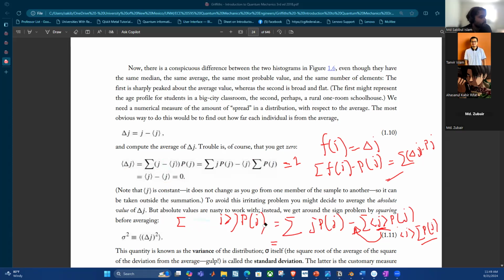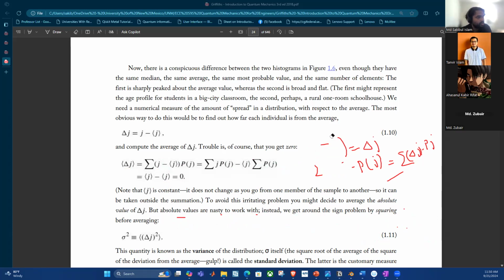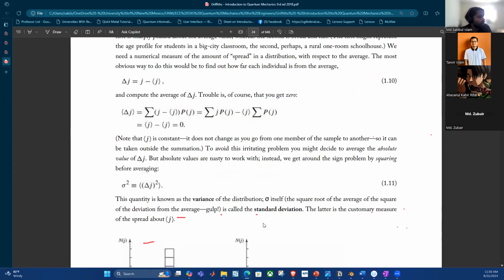Okay, so this is our distributions, and we have our standard deviations. We define sigma square as the average of the square of the spread, because that is the spread. We are squaring, then doing the average. That is the variance. And sigma, the square root of the variance, is the standard deviation. You need this term a lot.